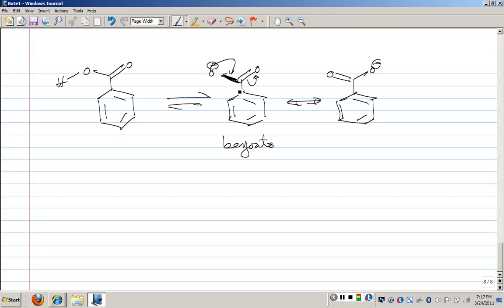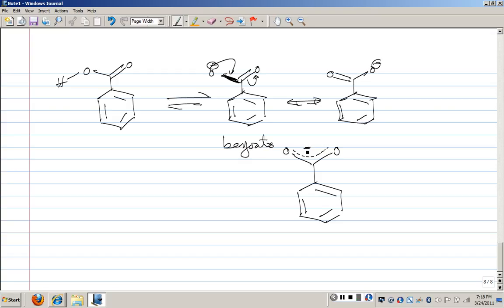So the only double bond I can access in this system is the carbonyl group that's adjacent. Now that has a problem, because it means when I draw the carboxylate anion, or the benzoate anion, the hybrid will look like this. And I'll basically have half minus here and half minus here, but let's just put the minus charge here.